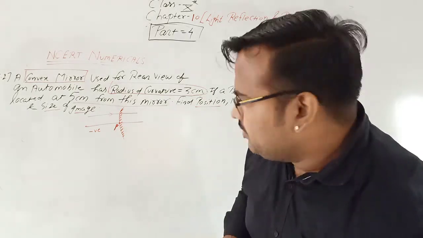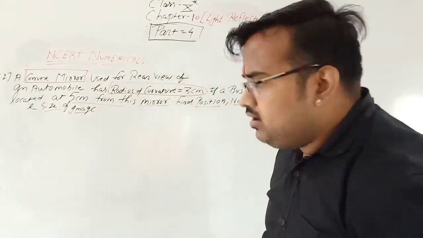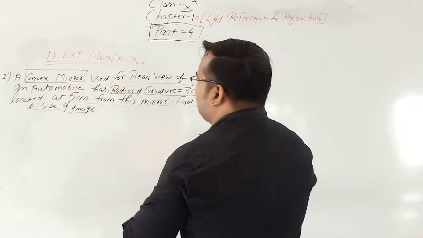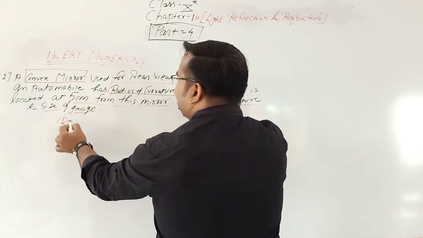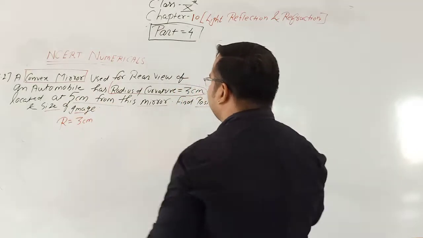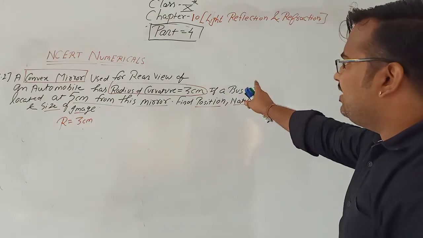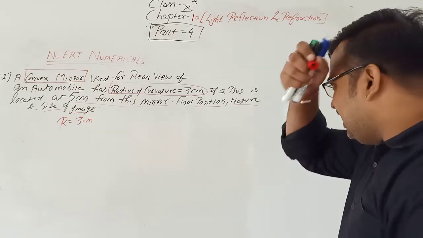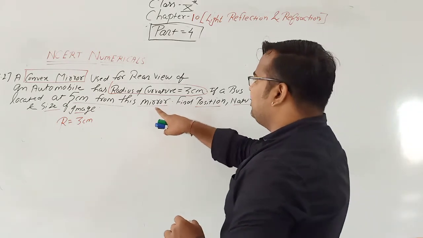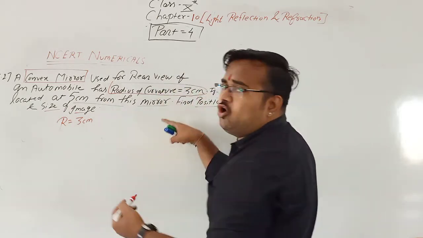Okay. Now we'll see a convex mirror used for rear view of an automobile has a radius of curvature. Radius of curvature is 3 centimeter. If a bus is located at 5 centimeter from this mirror, that means this is the object distance.